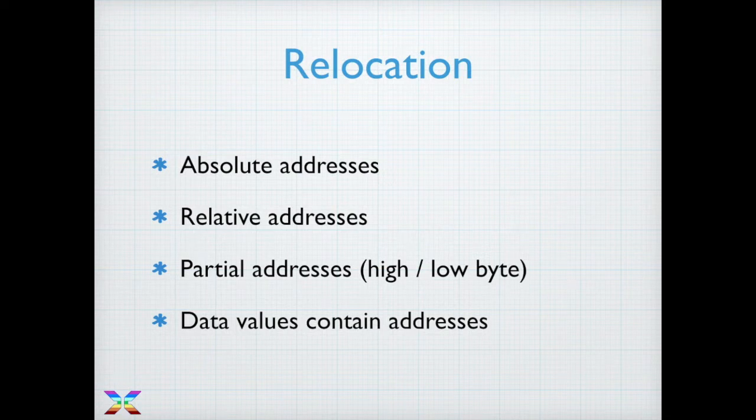Another address are relative addresses like you might find on the branch. Partial addresses, because this is an 8-bit machine, I can't load a 16-bit address all at once. I have to break it up. Those partial addresses can become invalid. And finally, I could have data tables with addresses in it. All of these problems need to be fixed during the process of editing.